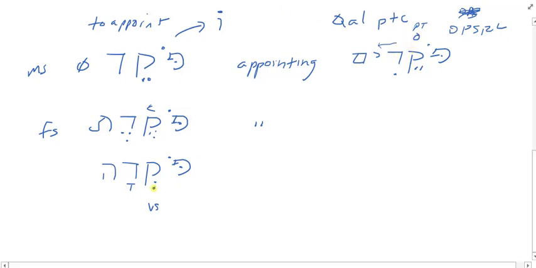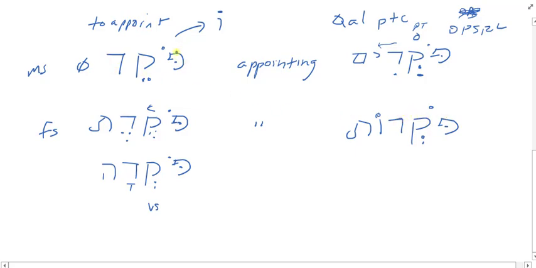This is, by the way, why we got a vocal shva under the qof with pokada. So it's going to be pokadim. And that, again, is going to be translated as appointing. But it's going to be describing plural men, or masculine plural nouns, right? And in the feminine plural, what do you think it would be? Yes, pokadot. Okay? So those are the forms of the participle.